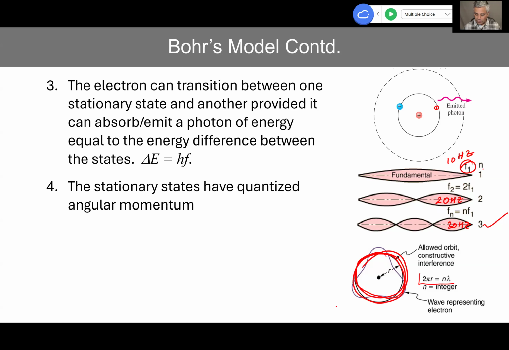So in one circumference, there has to be either one wavelength, or two wavelengths, three wavelengths. We cannot have 1.5 wavelengths or 2.5 wavelengths or 2.25 wavelengths and so on. So that's what Bohr is saying and introduces this equation. So from this, you can calculate the radius of the nth orbit, if you know the wavelength.